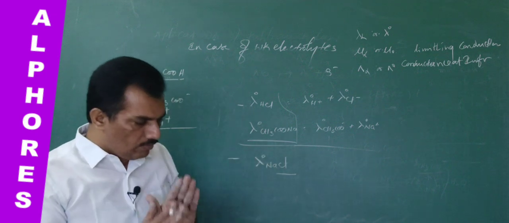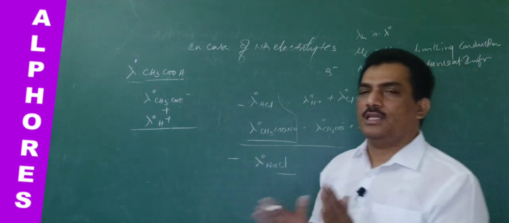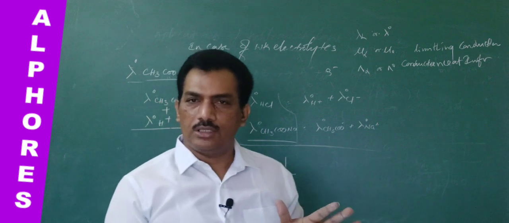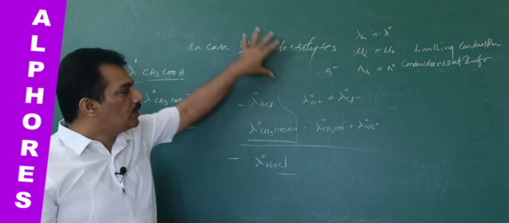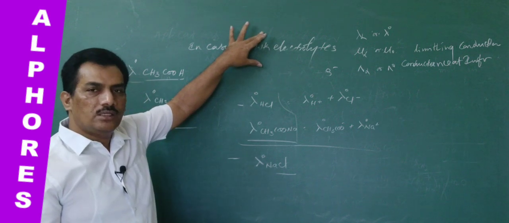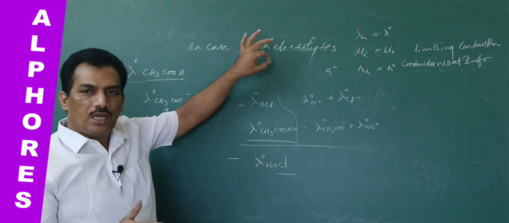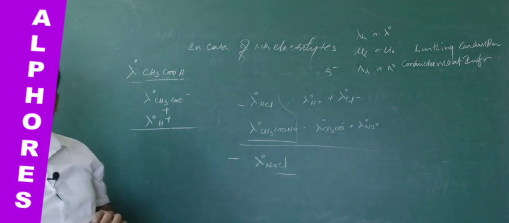Here it is the same as what we discussed in the previous session, but there we were not using the weak or strong discussion. Here we are applying this for weak electrolytes, because we know that for weak electrolytes it is not possible to calculate the conductance at infinite dilution experimentally, because they never undergo 100% ionization.